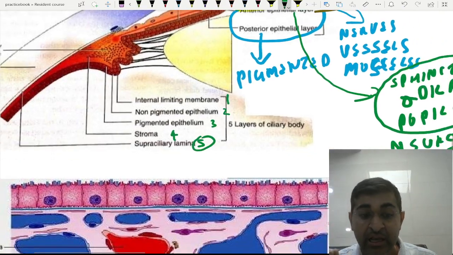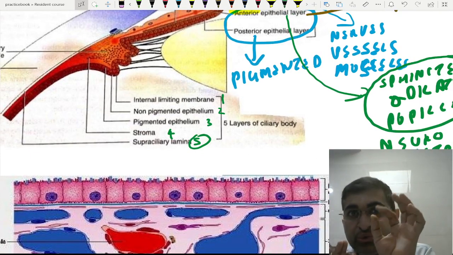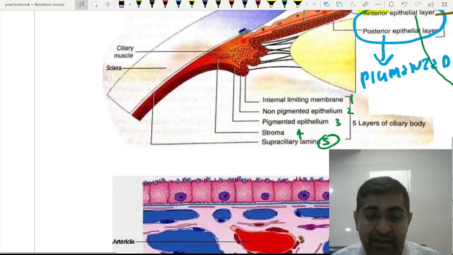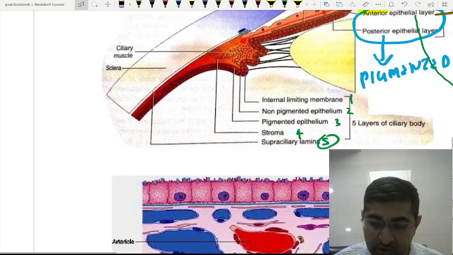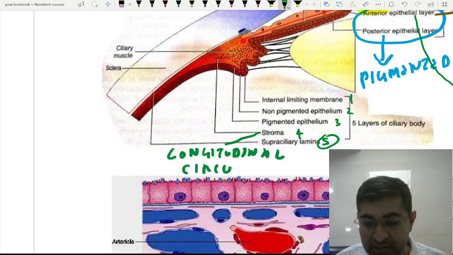Is it understandable? Now the ciliary body has got ciliary muscles. The ciliary muscles are longitudinal muscles and circular muscles. So we have longitudinal muscles, and we have circular muscles.